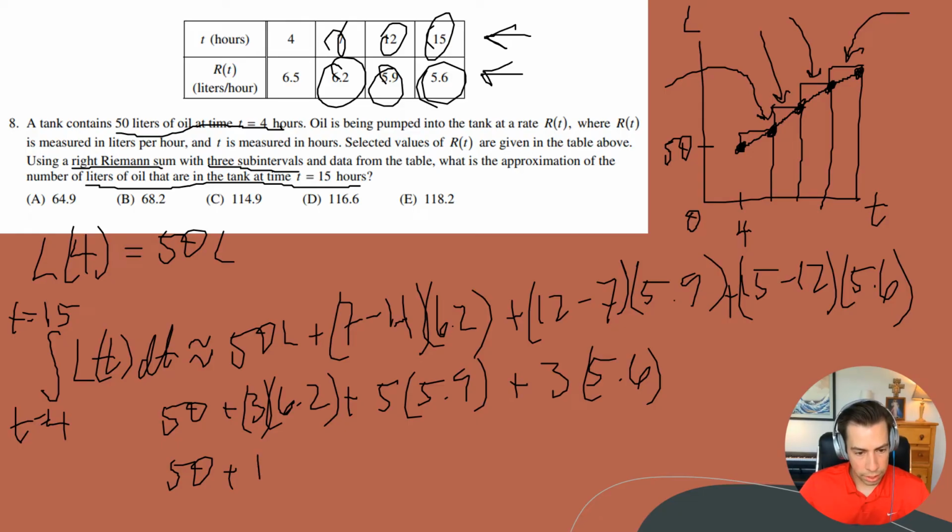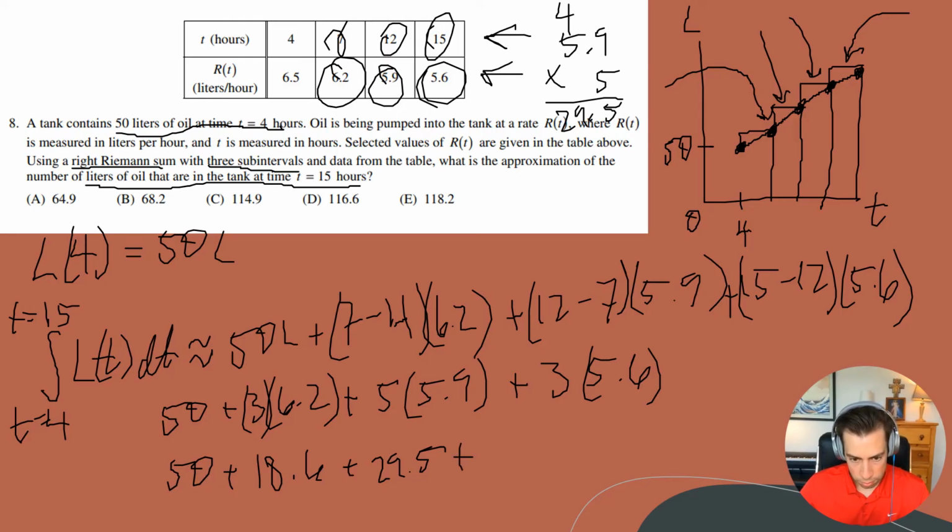So this is going to be 18.6, and then 5 times 5.9 is very close to 30, but not quite. 5 times 9 is going to be 45, so I'm going to get 29.5.